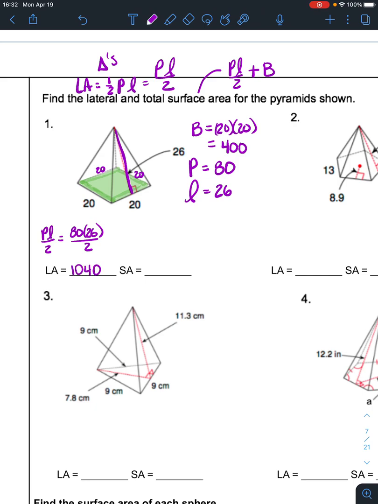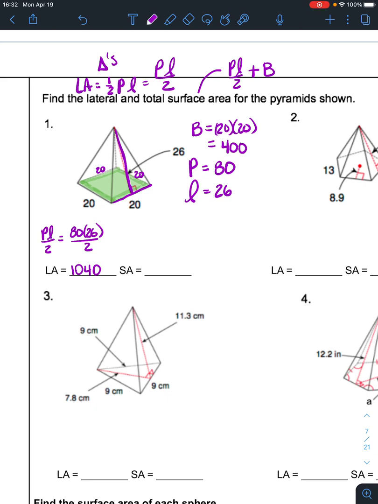So the lateral area, or the 4 triangles in this shape, are 1,040. Y'all, if you get stuck, then you would find the base and the height of each triangle. So the base of the triangle is 20, the height of the triangle is 26. Base times height divided by 2, you find the area of that triangle, multiply it by 4. That's what the P and the L is doing. The P is taking care of the 4 triangles for you.